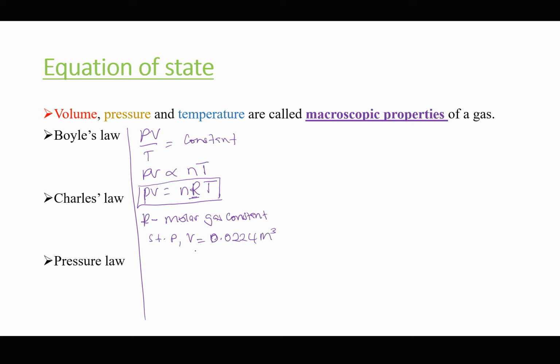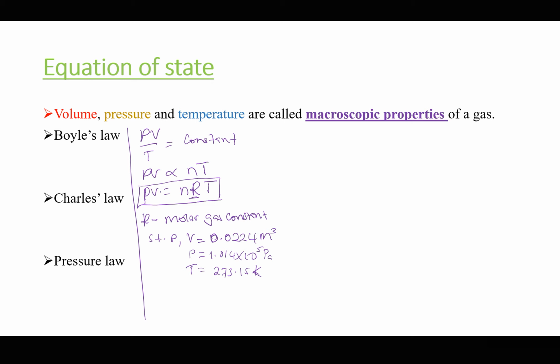And the pressure is approximately 1.014 times 10 to the power 5 pascals. And the standard temperature is the absolute temperature, 273.15 Kelvin. We shall see this later on under temperature. These are the conditions for STP.